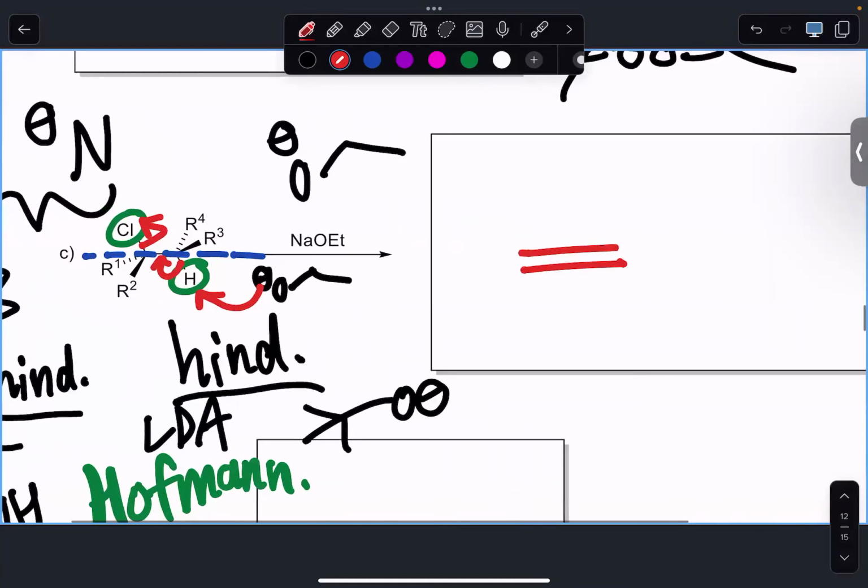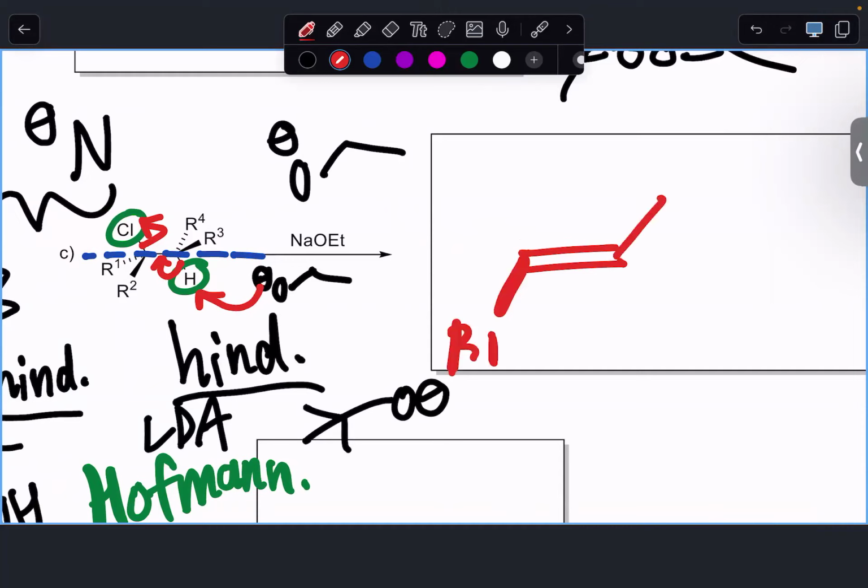And the stereochemistry does matter here, where let's look at this carbon here. Is R1 cis or trans to R3? Trans, right? So we want R1 to be trans to R3, like that. We see that R2 is trans to R4. So we want R2 to be trans to R4.